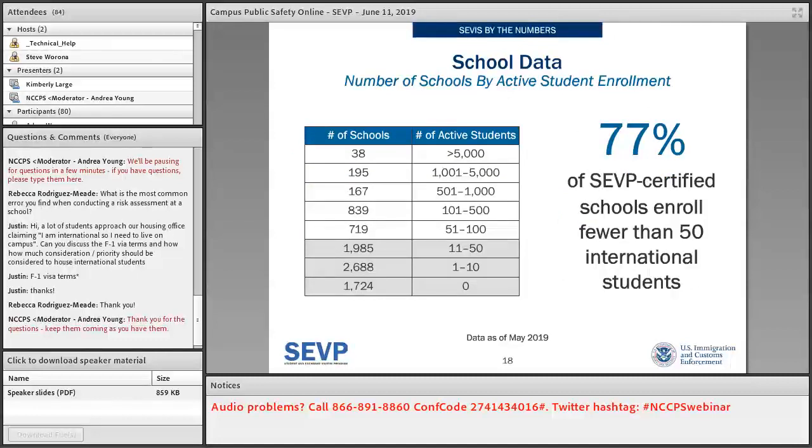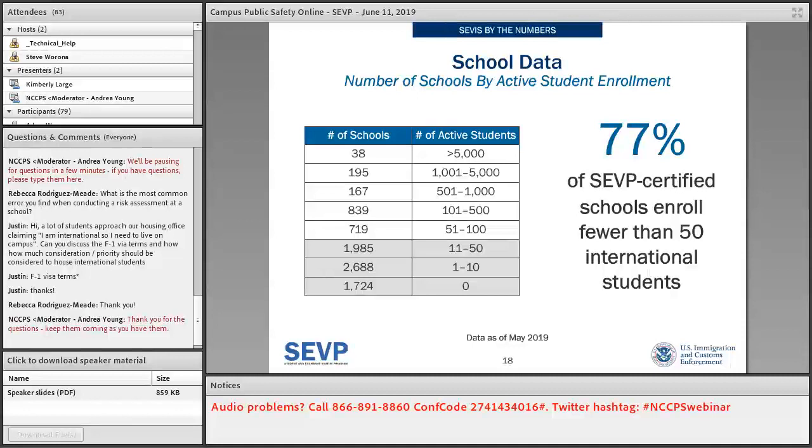Now this next slide here, this is my favorite one. I've shared this statistic with probably all 365 schools in the state of Arizona where I work. Because when we think of international students, a lot of times we think of those giant state schools that have hundreds or thousands of international students. But in reality, 77% of SEVP certified schools have fewer than 50 international students.